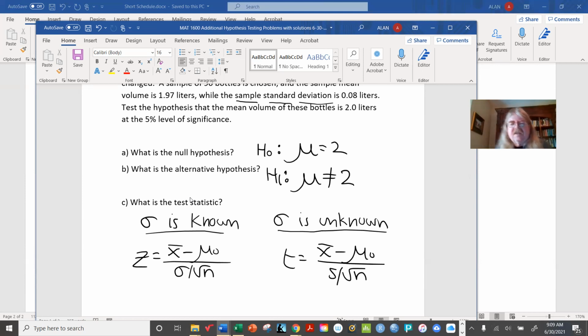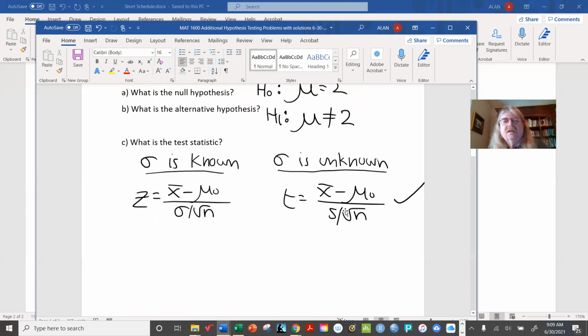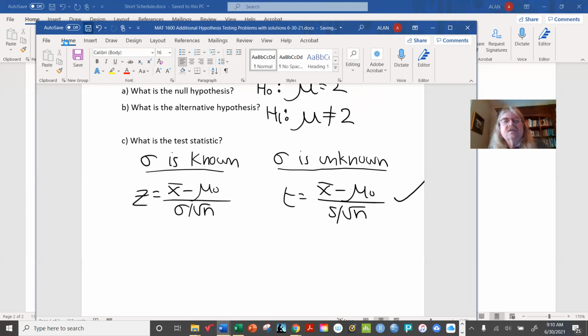So it's clearly the second one that we're going to use because we don't know the population standard deviation, which implies that we're going to use the t-distribution. So let's calculate.